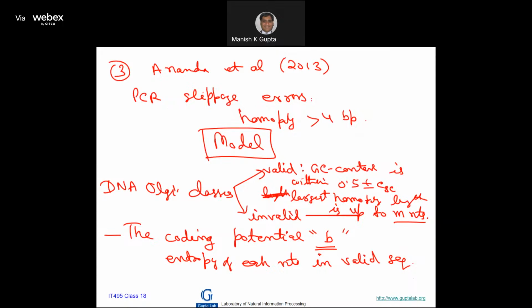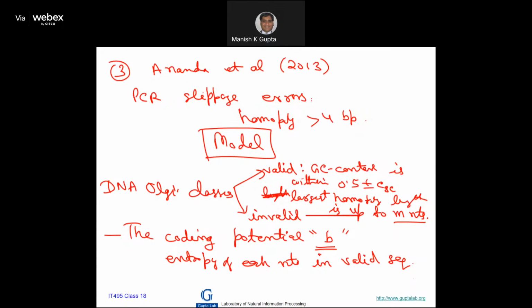You remember last class I told you that the total length of the oligo is L, out of which I nucleotides are for the indexing. And we know that a homopolymer up to M nucleotides is allowed.